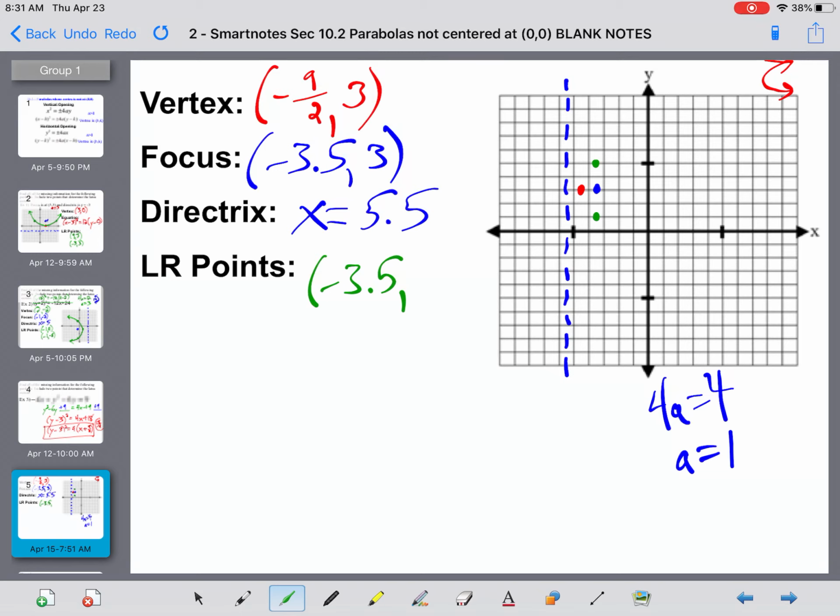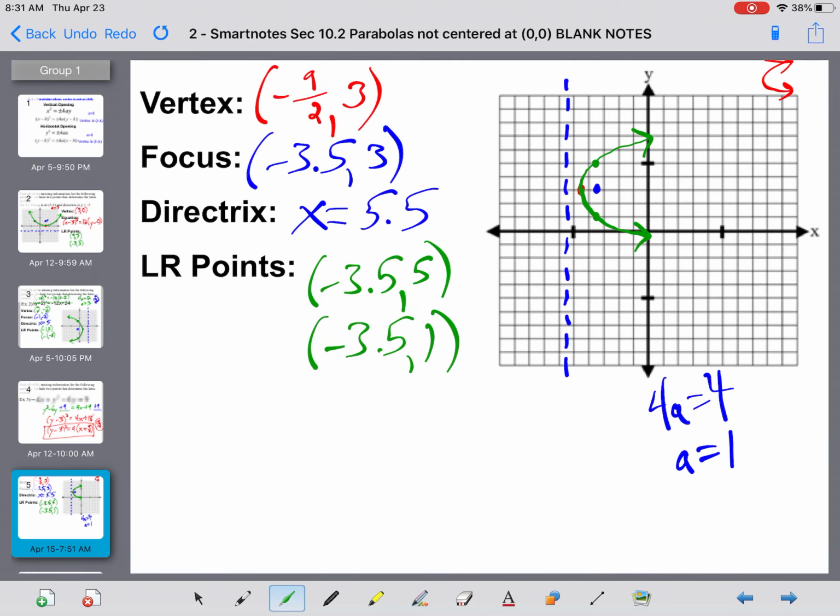The x value stays the same, so -3.5, 5, and -3.5, comma 1. Those are my 2 points that determine the focal width, or the latus rectum. And now I can sketch a parabola. And there it is. All right, that's it.